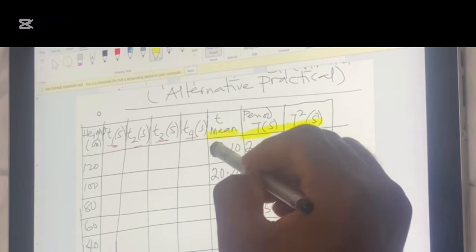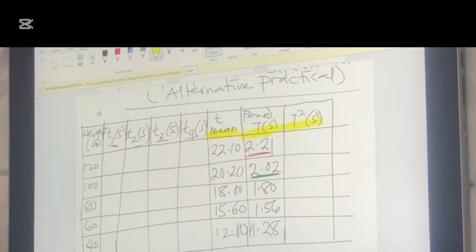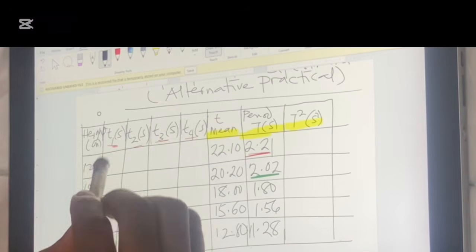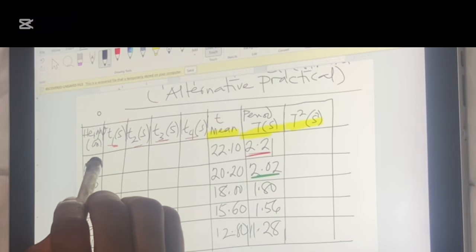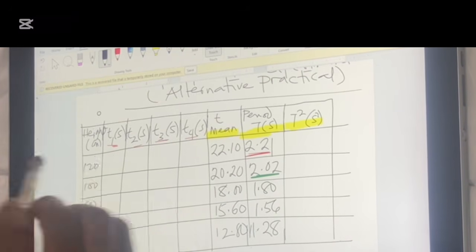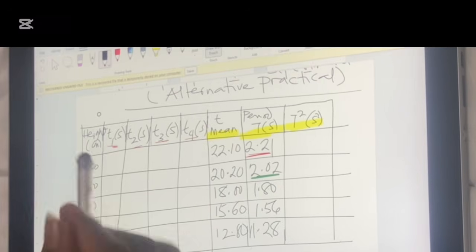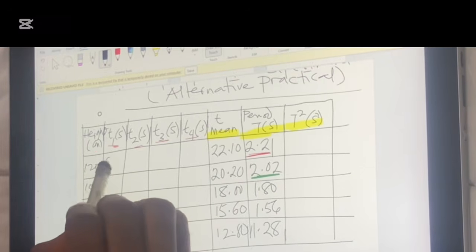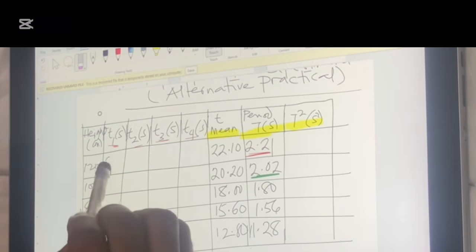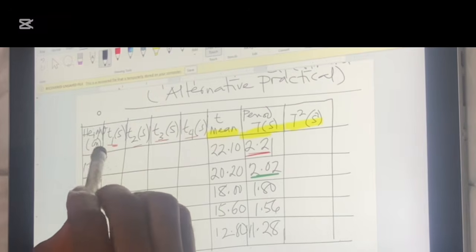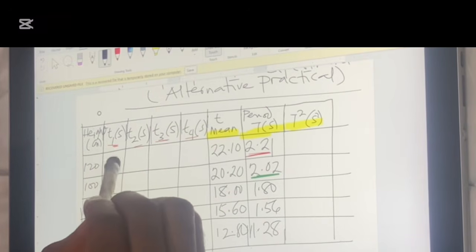When you do that, the first one gives us 21. 22.10 minus 1 will give us 21.10.